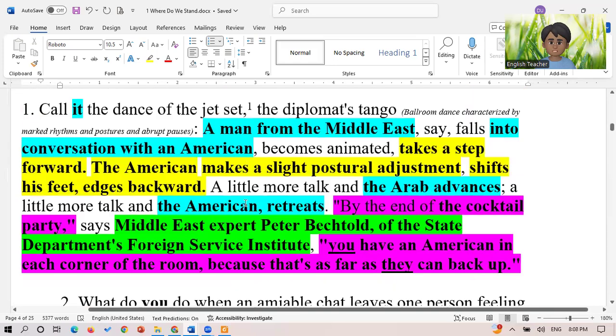For example, let me read the first paragraph. Call it the dance of the jet set, the diplomat's tango. A man from the Middle East, say, falls into conversation with an American, becomes animated, takes a step forward. The American makes a slight postural adjustment, shifts his feet, edges backward. A little more talk, and the Arab advances.